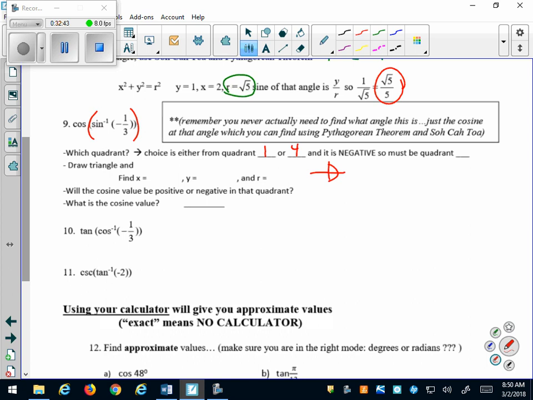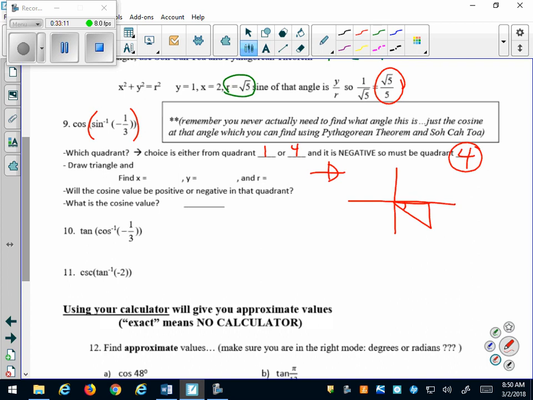So if our choices are either 1 or 4, in which quadrant is the sine negative? 4. So it has to be quadrant 4. That is a really important thing to realize. So now you know you're drawing a triangle down here somewhere. The inverse sine of negative 1/3.